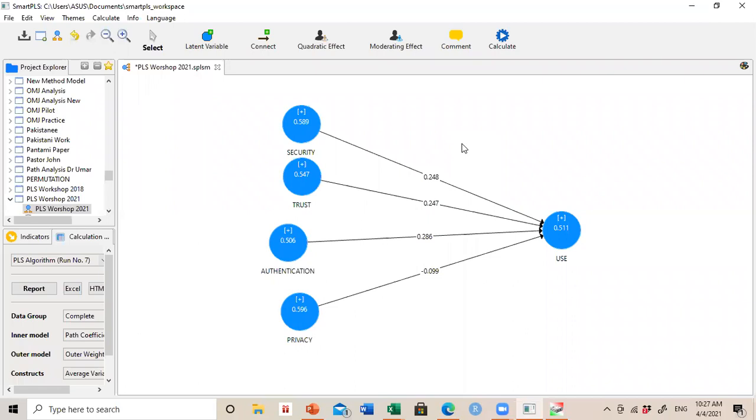But here we don't know whether it's significant or not. We only know that three of the relationships are positive and one is negative. That is all it tells us here.